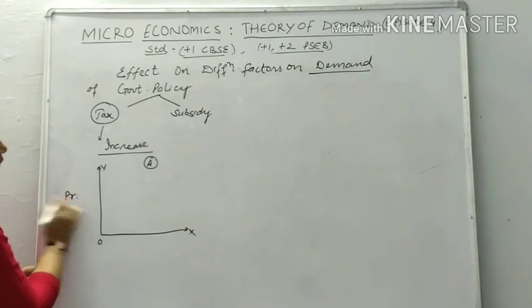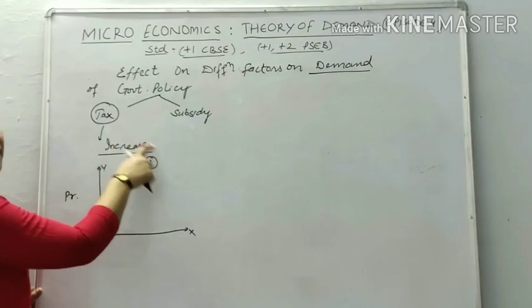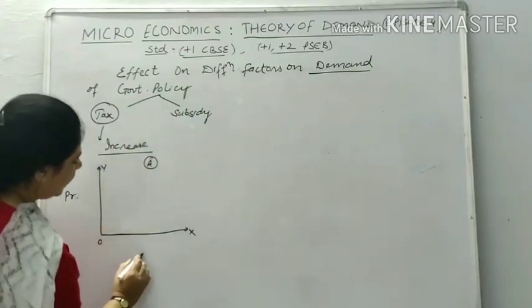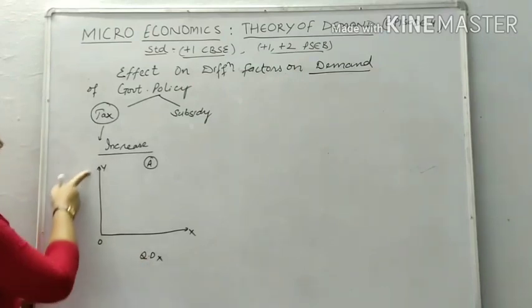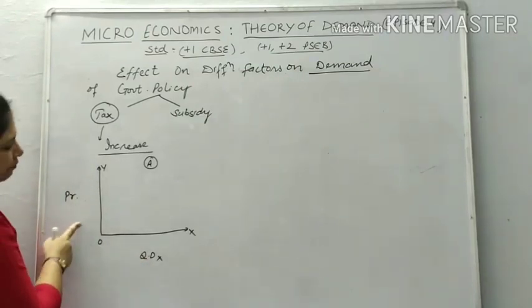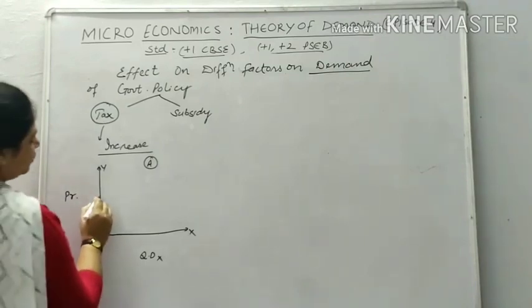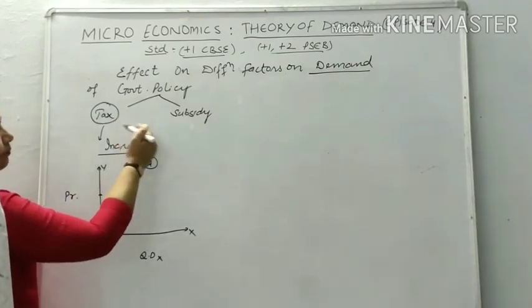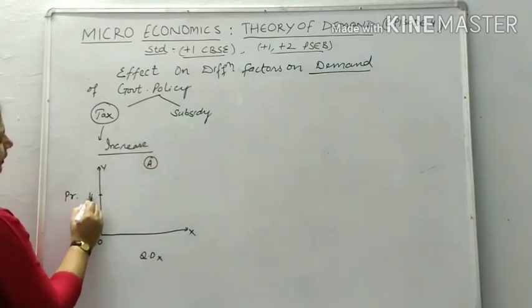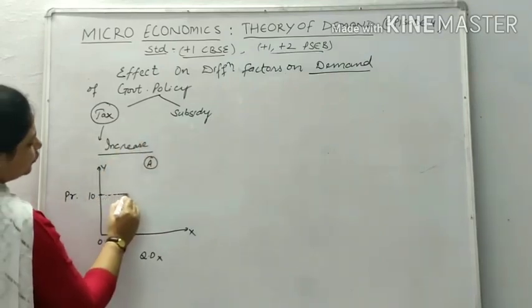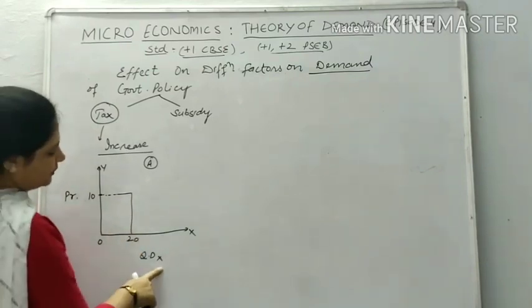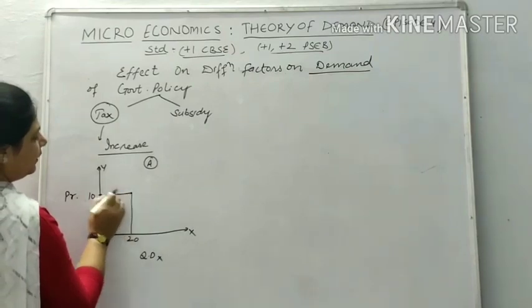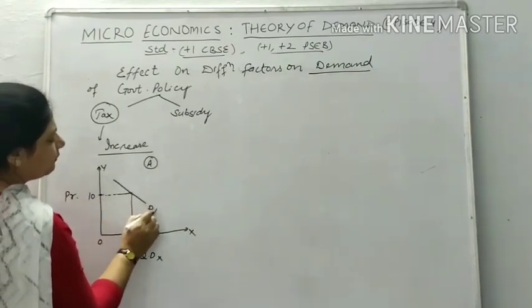Students, as you know, there is no change in price, but there is a change in increased tax on consumers' demand. On the x-axis, I am taking quantity demanded, and on the y-axis, the price of the commodity. Prior to imposing this increased tax, the consumer is purchasing, suppose, 20 units of a certain commodity X, and his demand curve is D1.